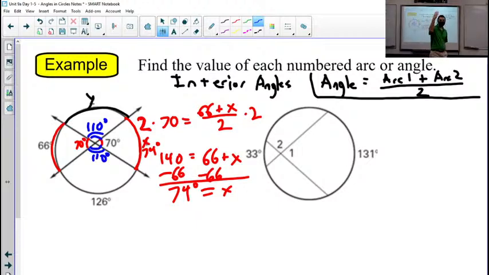So because I know that this angle has to be 110, because here's a linear pair, here's a straight line, or here's a linear pair, here's a straight line. Since I know that angle is 110, I can use basically the same setup that I just used to solve for x and use it to solve for y. 110 is my angle, equals, add the arcs, divide by 2.